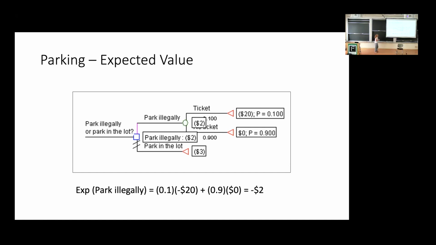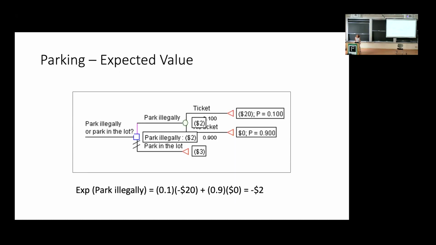Our expected value for parking in the lot is $3. For parking illegally, we calculate our expected value the same way you would calculate a weighted average. On average, we would expect to pay $2 if we park illegally. So if you're a rational decision maker, you would park illegally because you pay less money, so you're losing less.